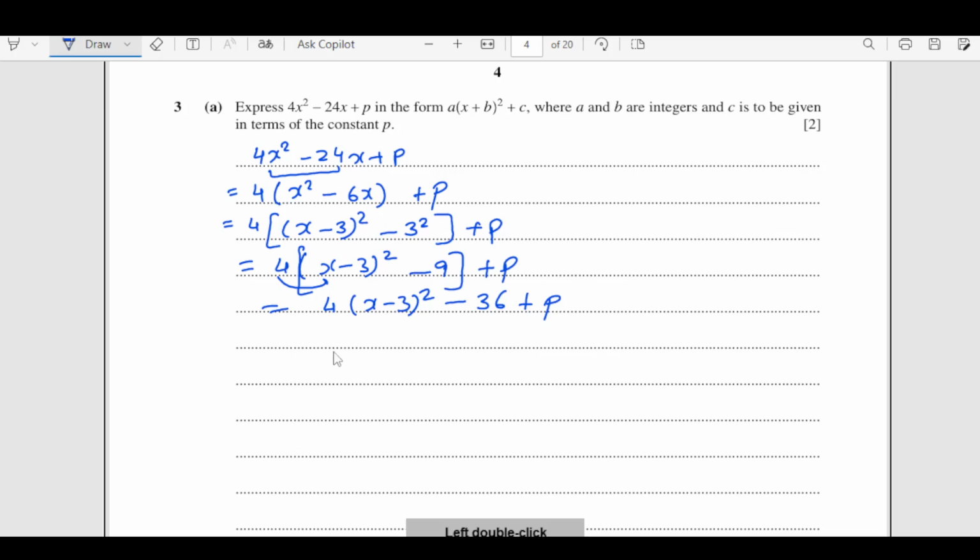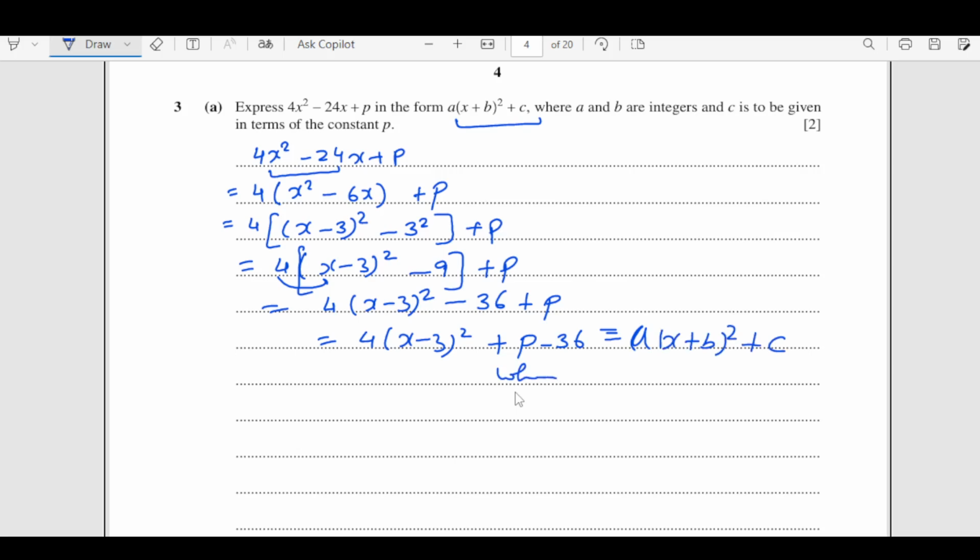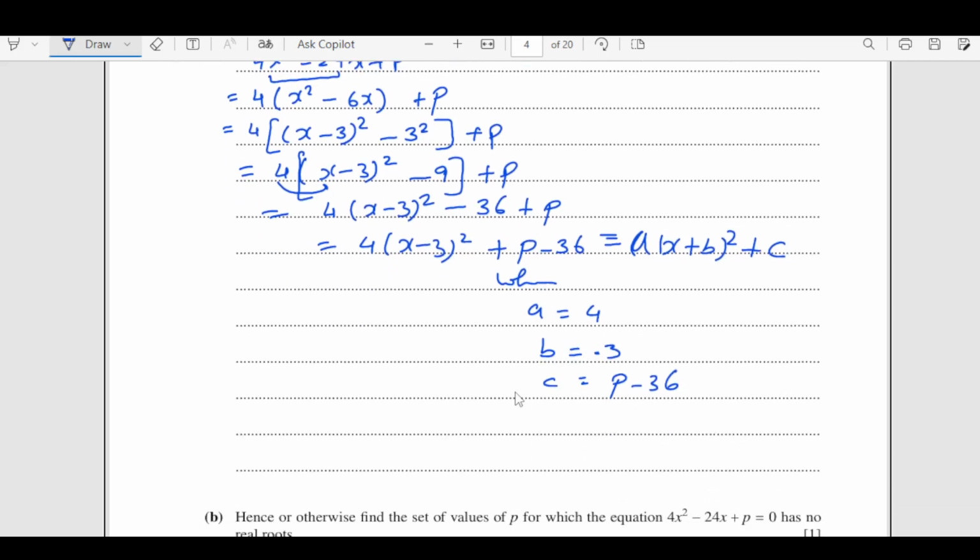So we can rewrite this as 4(x minus 3) squared plus p minus 36, which is equivalent to a(x plus b) squared plus c, where a is 4, b is negative 3, and c is equal to p minus 36. So that was the question that we had to complete here.